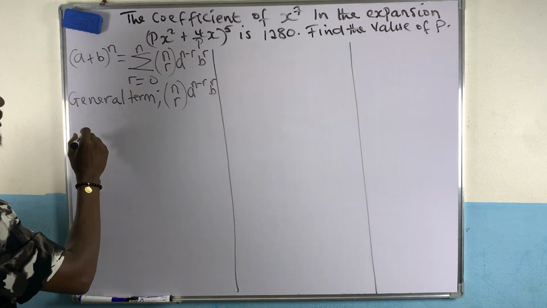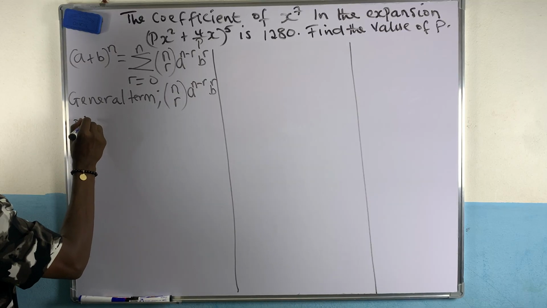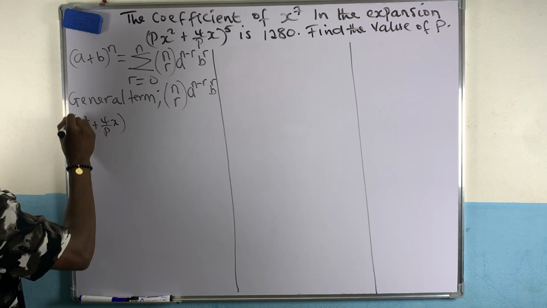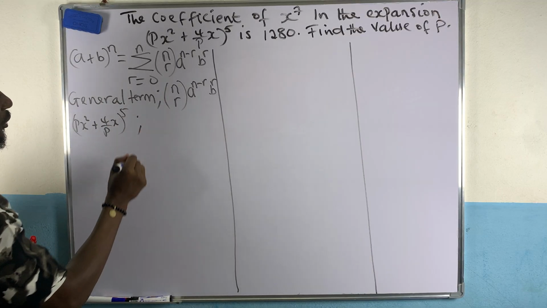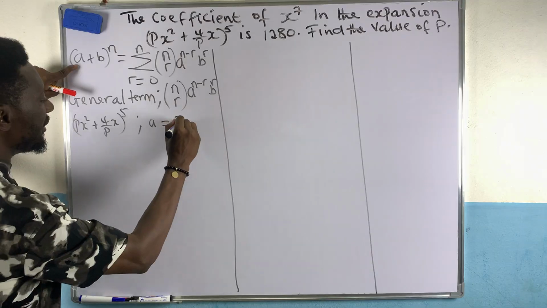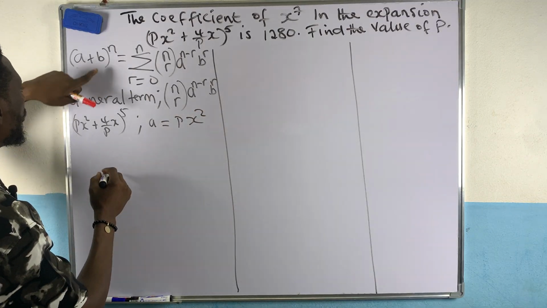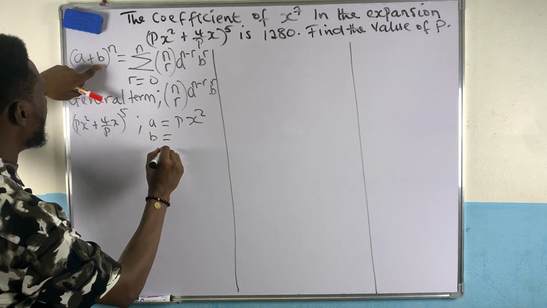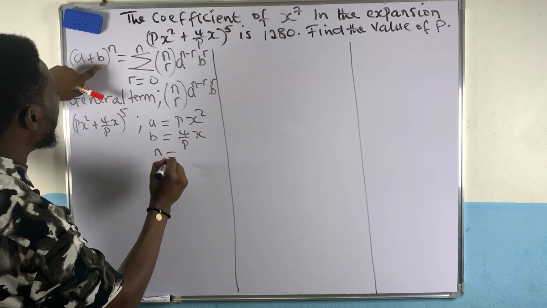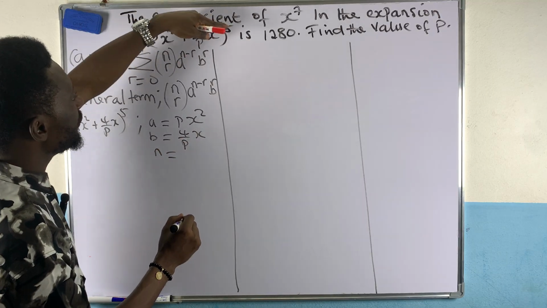Therefore, for the expansion given to us, which is (px squared + 4 over px) raised to the power 5, comparing with this, our a will be px squared. Our b will be equal to 4 over px, and our n is just the exponent, which is 5.